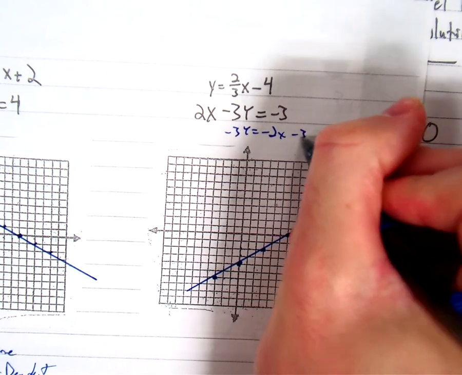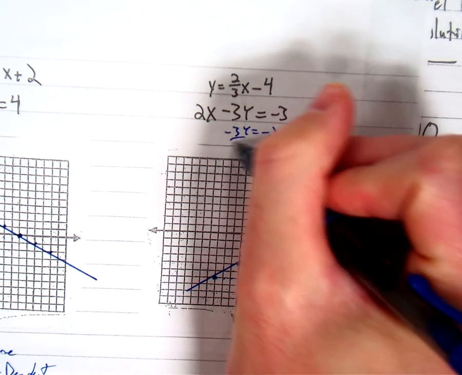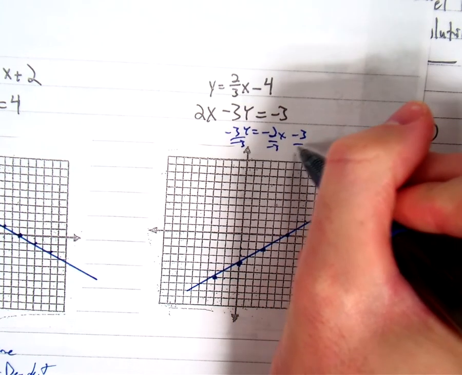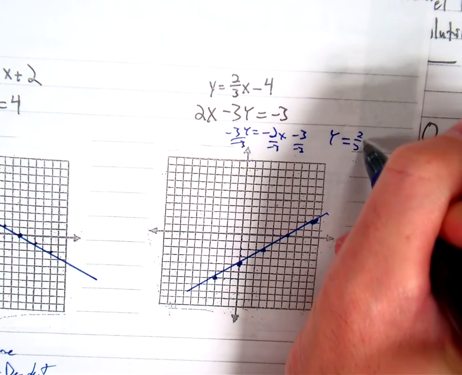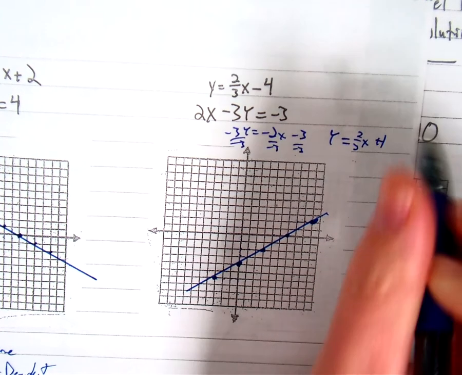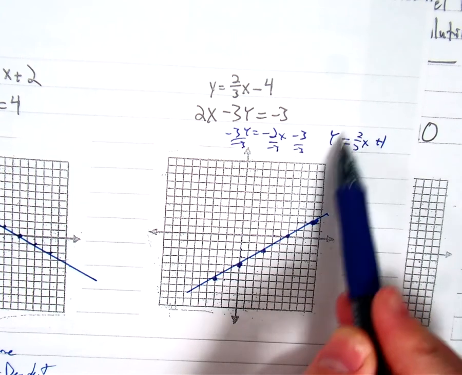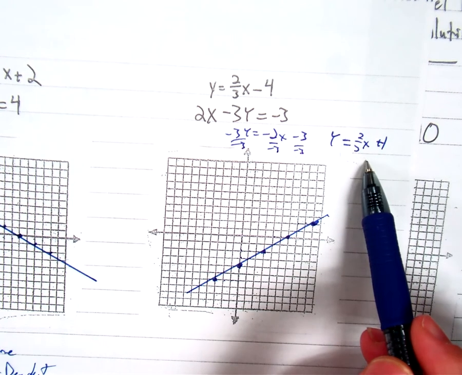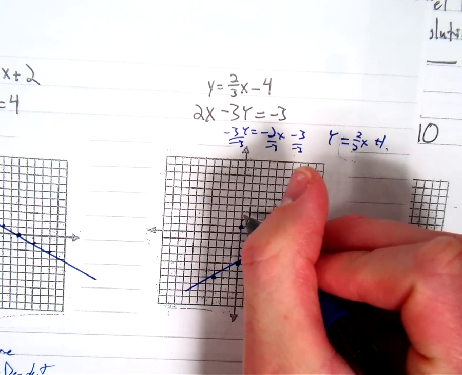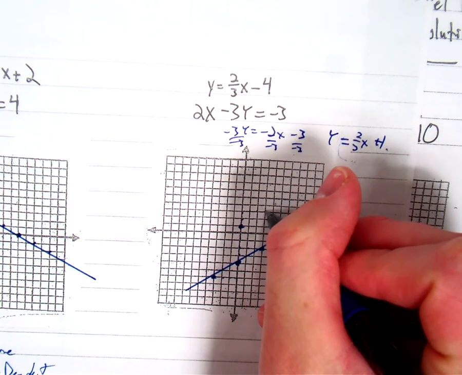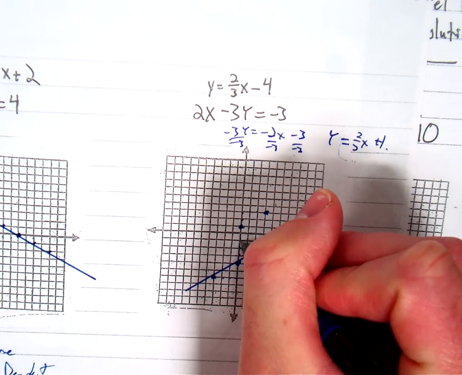Negative 3y equals negative 2x minus 3. Divide by negative 3. Positive y equals positive 2/3 x plus 1. So we're going to have the same slope, 2/3, but I'm starting at plus 1. So we should know what that means for us. Up 2 over 1, 2, 3.